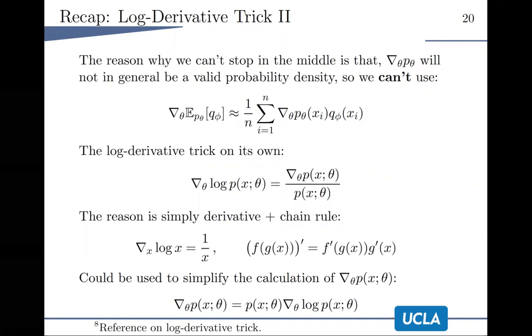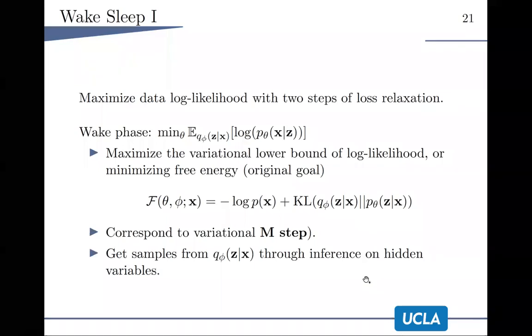The log derivative trick on its own has very simple math behind it, just the simple derivative rule plus some chain rule, and it can be used to simplify the calculation of nabla p by a simple transformation like putting in this term here. So these are just some explanations of the log derivative trick, which we'll see used soon.